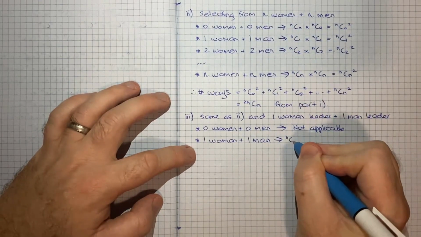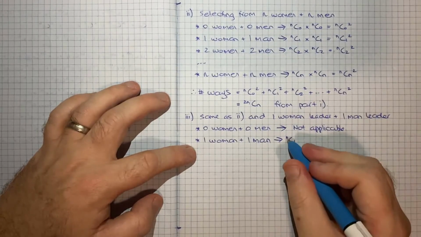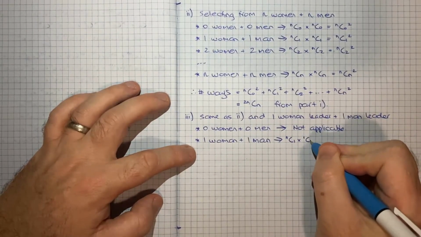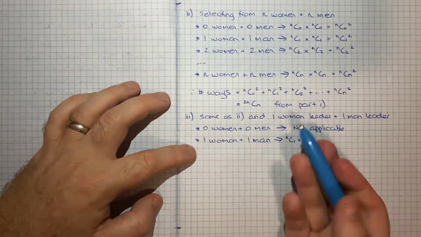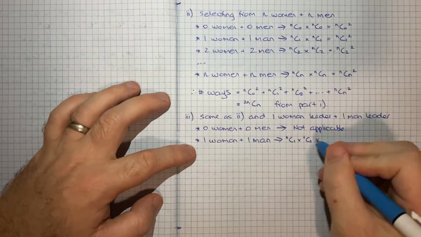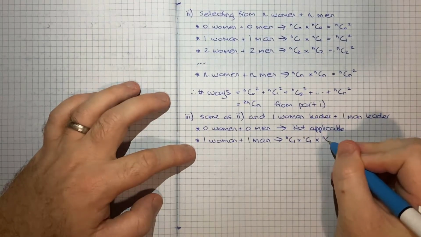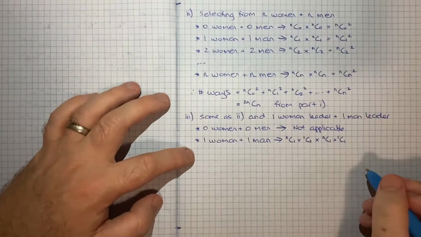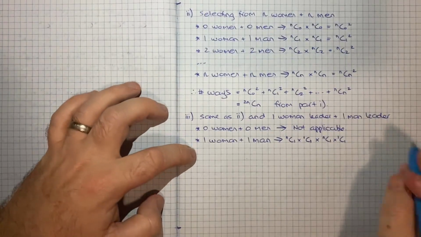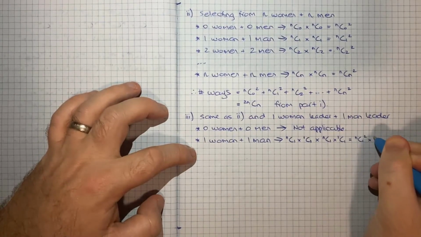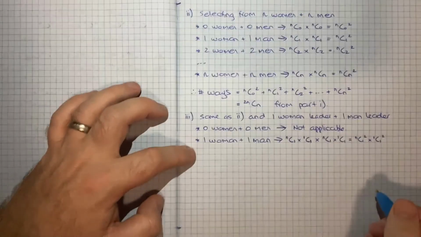There's nC1 ways we can do that. And then once we've got that woman, there's 1C1 way to choose the leader. It's basically one way because there's only one to pick from. And then same with the men, nC1 ways to pick the man times 1C1 ways to make that man the leader. So I'll just write that as nC1 squared times 1C1 squared.